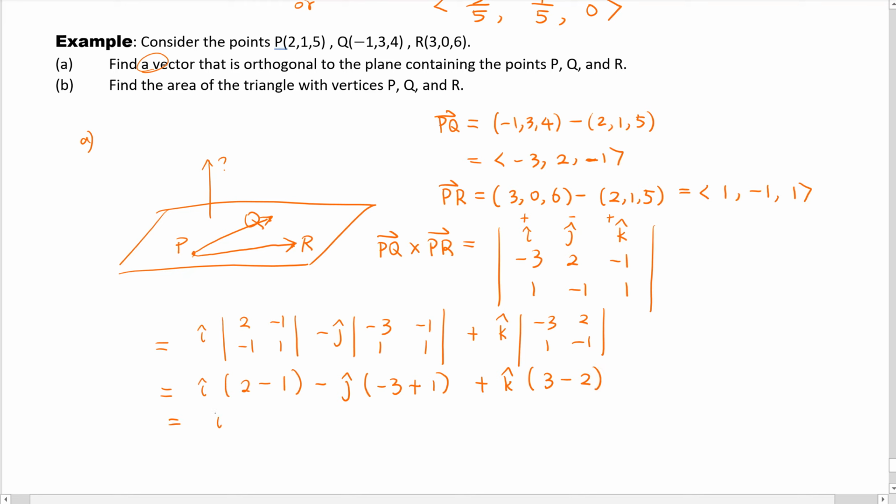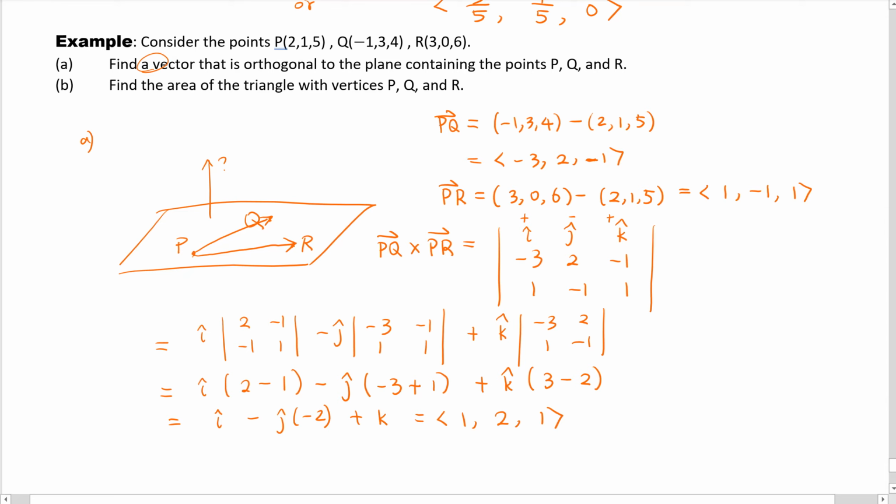So here we have i times 1, minus j times negative 2, plus k times 3 minus 2 is 1. So in component form, we have 1, negative negative 2 is 2, and then 1. Very nice number. So that is the vector (1, 2, 1). So far, so good. So for part A, we're done.